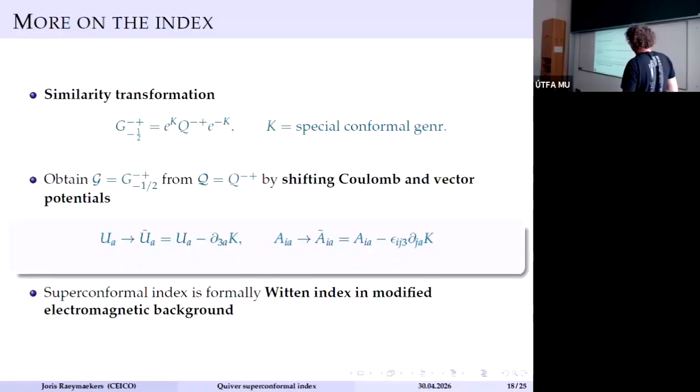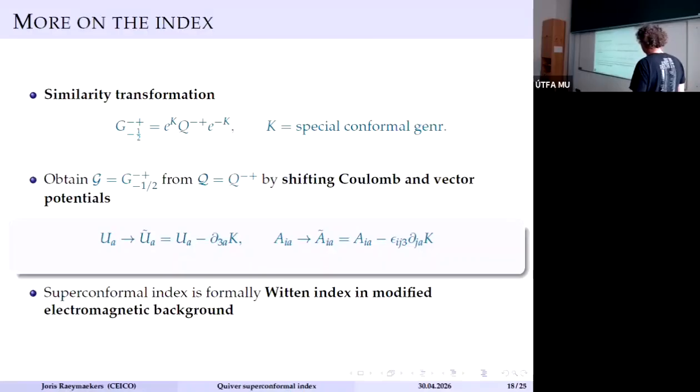So there are two things you need to know to do this index computation. The first thing is that the supercharge we picked to define our superconformal index is related to the one we picked to define the Witten index by a similarity transformation with a special conformal generator.